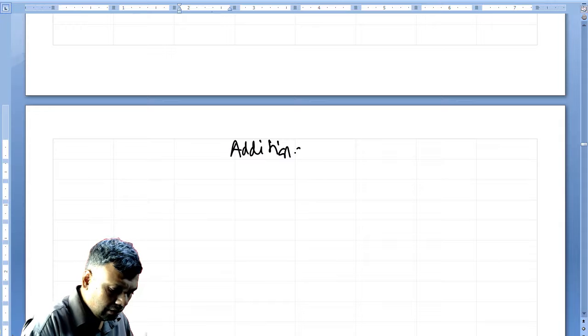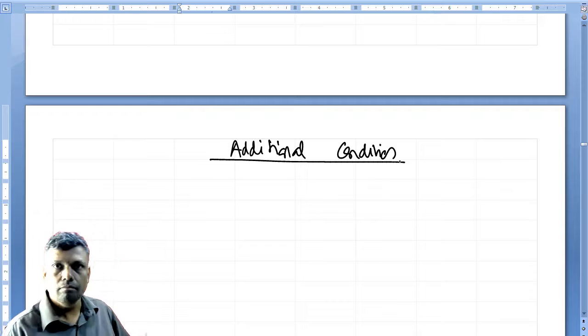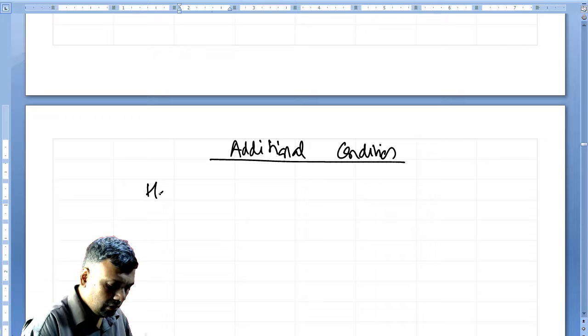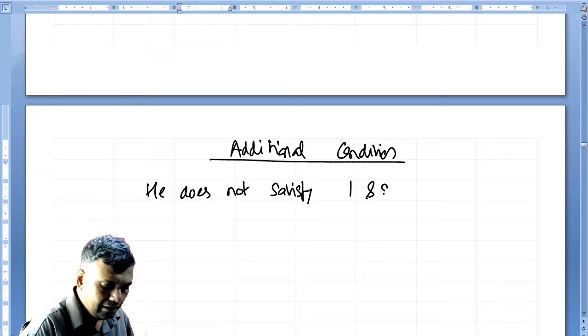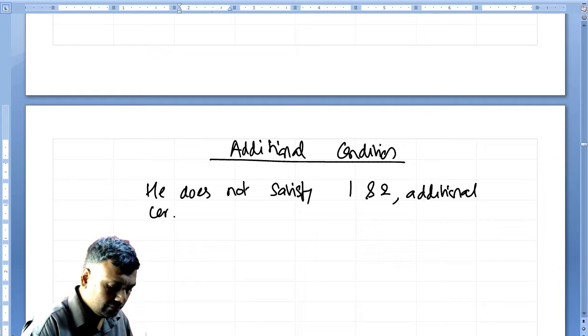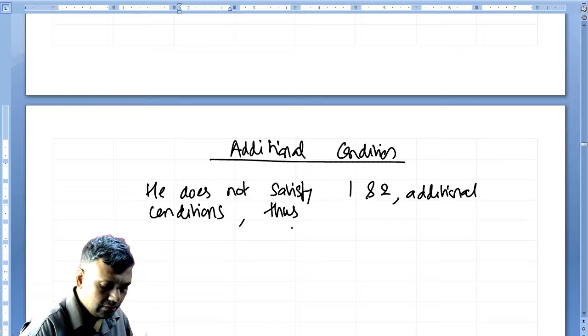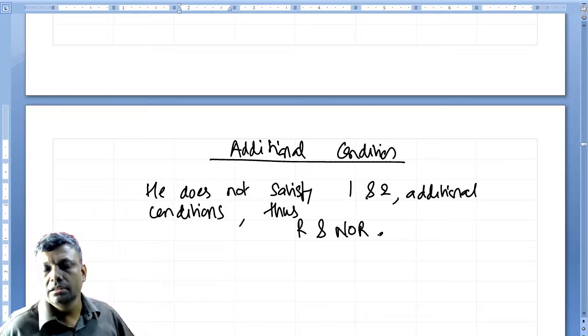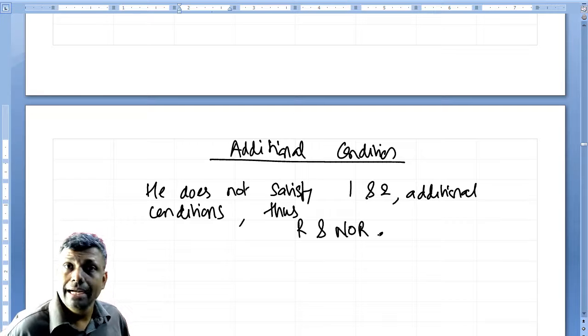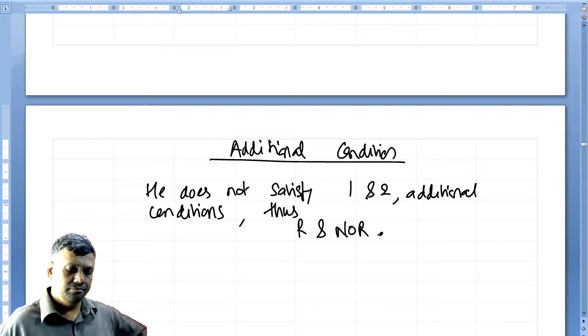Additional conditions: he does not satisfy 1 and 2 additional conditions, and thus he is resident and not ordinarily resident. This is how you have to understand. Resident and not ordinarily resident.